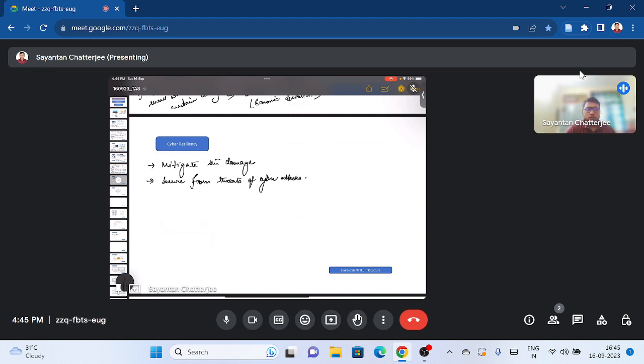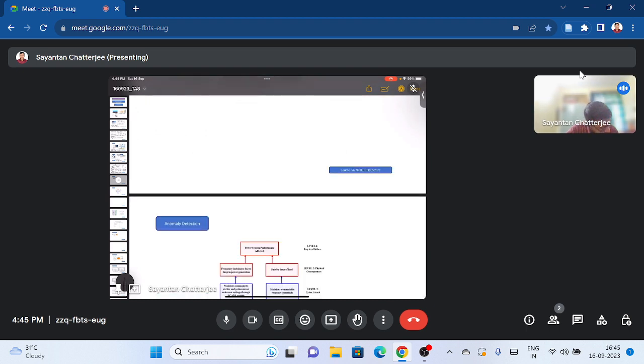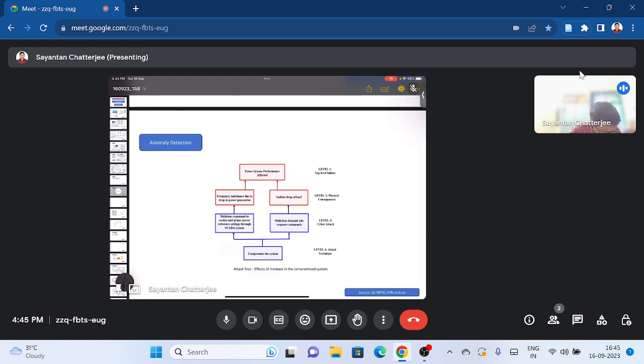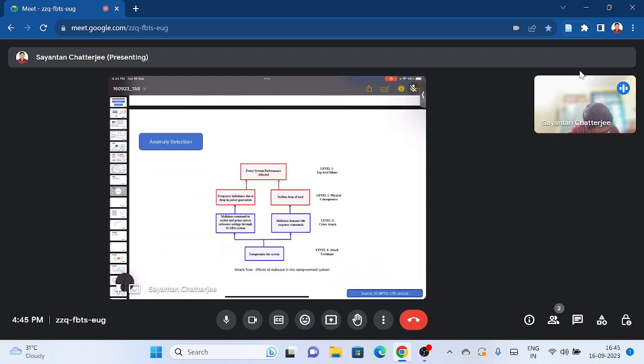That's the main objective of cyber resiliency. So we have the anomaly detection strategy. The anomaly detection methods are required mainly to continue with the normal operation of the system. Although there would be some attack in the power system, the normal operating conditions should still be maintained.